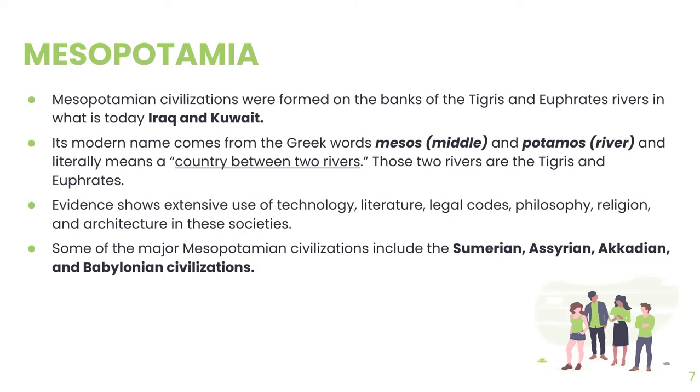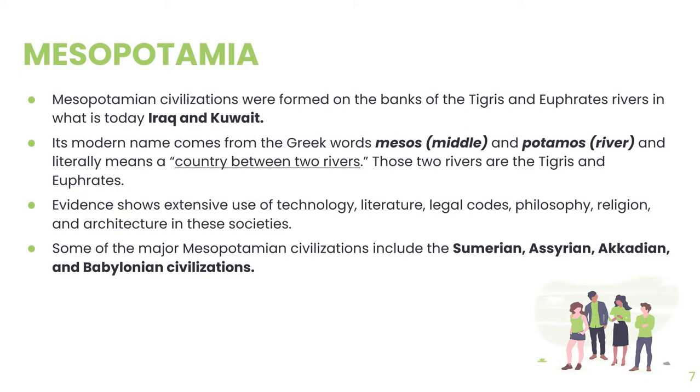Now, various evidence shows that during this period of time, there was already an extensive use of technology, literature, legal codes, philosophy, religion, and architecture, which we will discuss shortly. Okay?